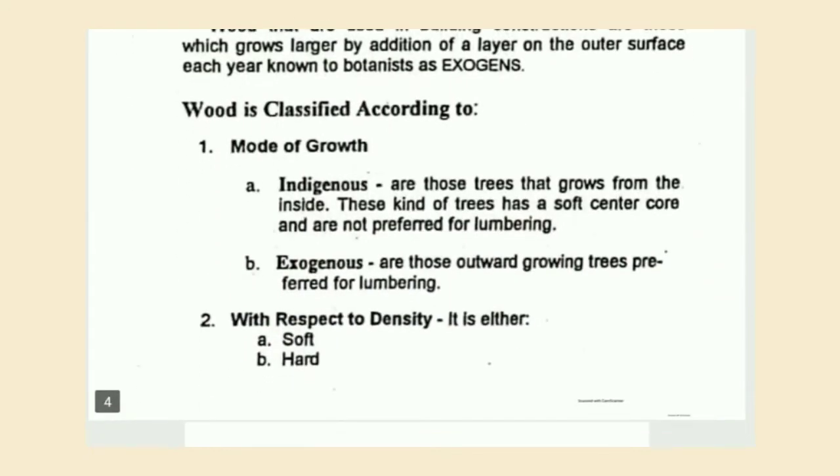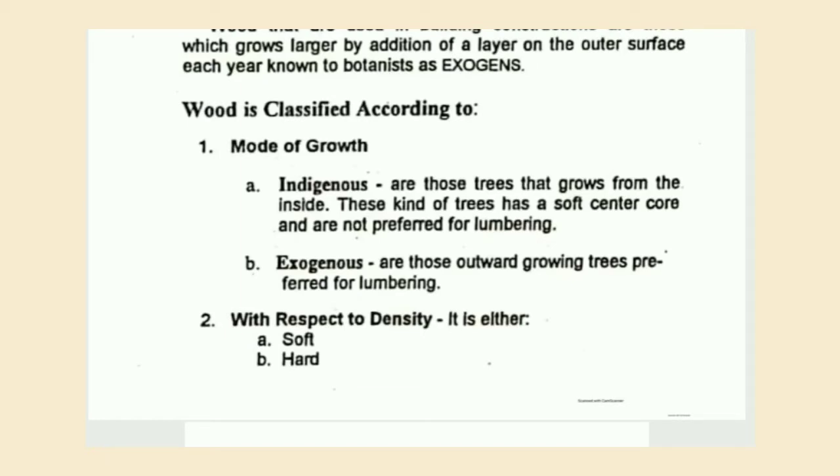Now, in classifying woods used for building construction, they are those which grow larger by addition of layers on the outer surface each year, known to botanists as exogens. Wood is classified according to, first, mode of growth. There are two types.